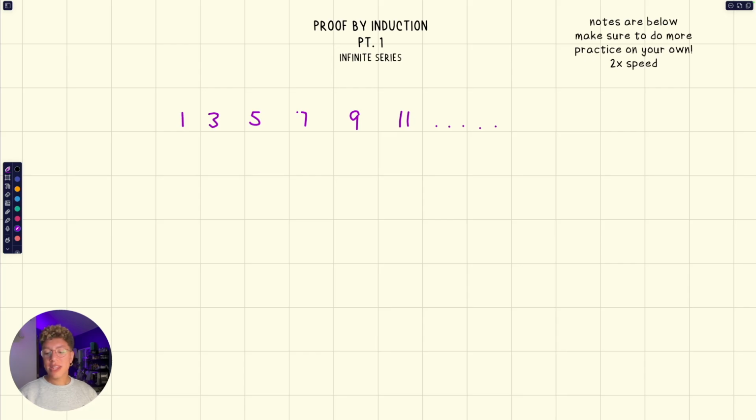And this is going to continue up to 2n minus 1. If you're familiar with this notation, 2n minus 1, basically we're saying n is a number in the set Z, so all the positive integers, or you could say the natural numbers. And so if we plug in any value of n in the set, it'll always guarantee we get an odd number. If you're curious about that, pause the video and try to plug in different values of n, and you'll see that this is true.